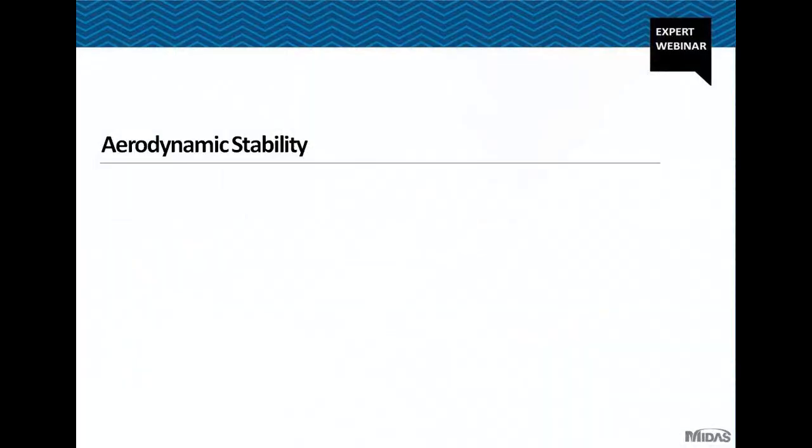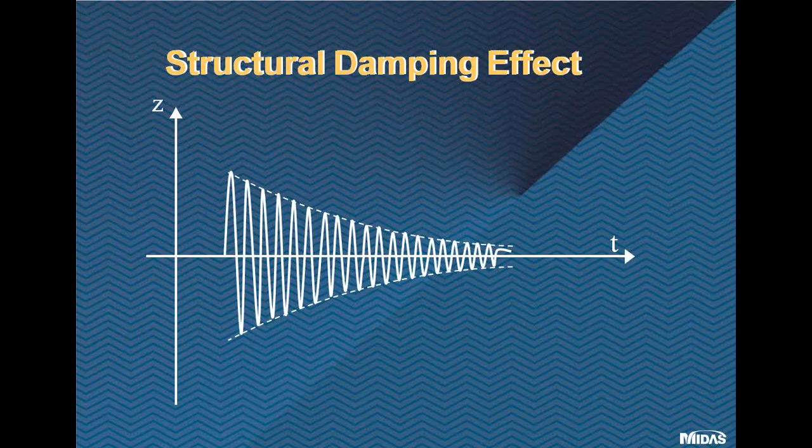What is the aerodynamic instability? As we know, every bridge has its damping characteristic which can manage the stability of wind-induced vibration. This damping property is represented usually by a value of positive damping ratio.